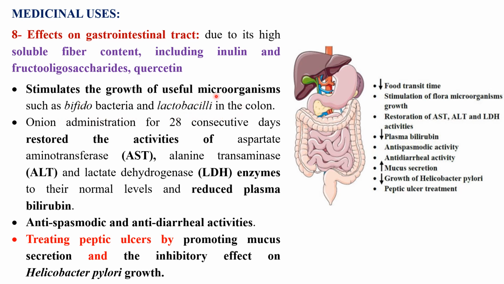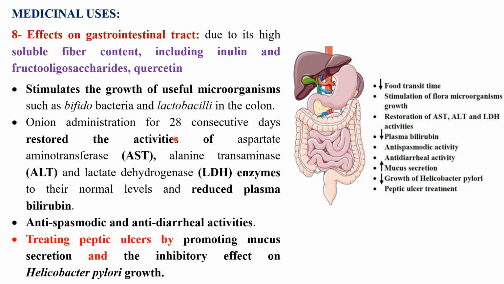These are the natural probiotics we have in our colon, and they are very important for the whole health of your body. They are important for your mood and for your immunity, so enhancing their growth to the normal level will subsequently affect your overall health. So onion here is very important as support for the natural prebiotics we have.